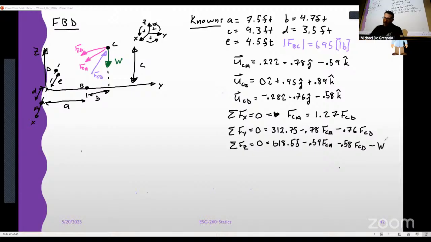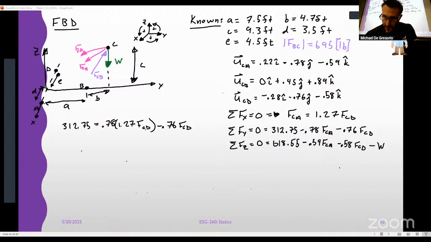Okay, so we're going to plug equation 1 into 2, right? Same thing that we did last time. And we get 312.75 is equal to 0.78 times 1.27 FCD minus 0.76 FCD. So because of the difference in what we know and what we don't know, we can solve for FCD right away, right? And FCD becomes 178, or we'll call it 179 pounds.